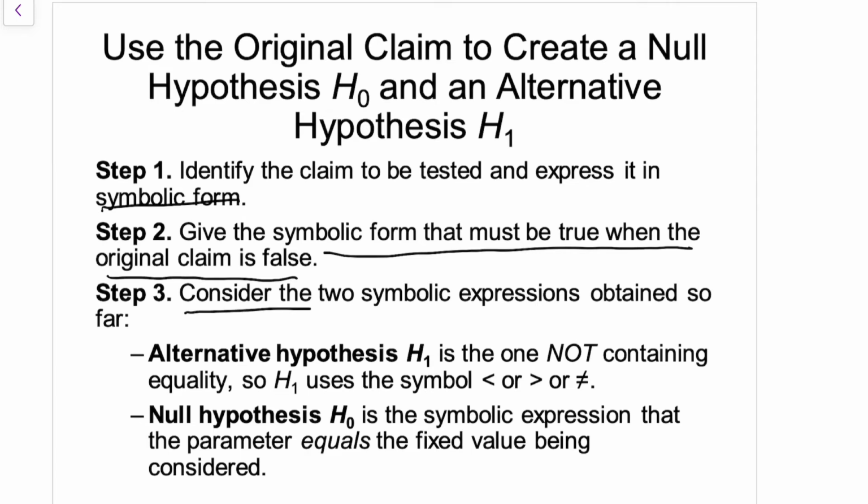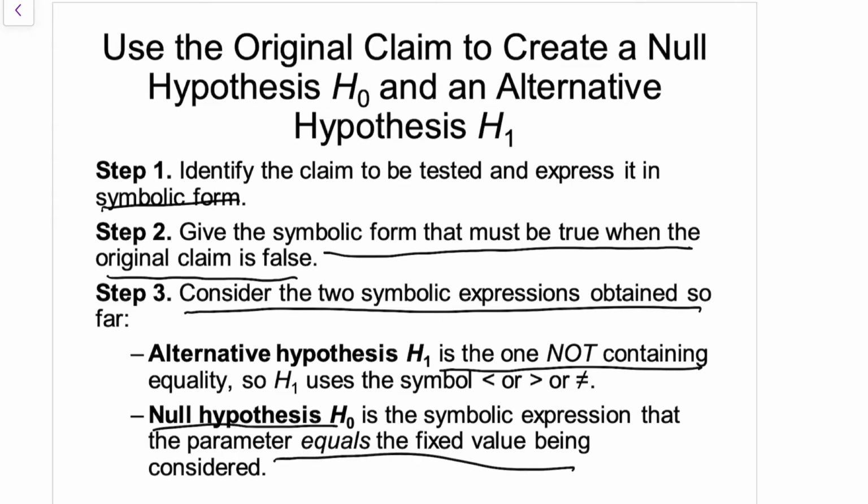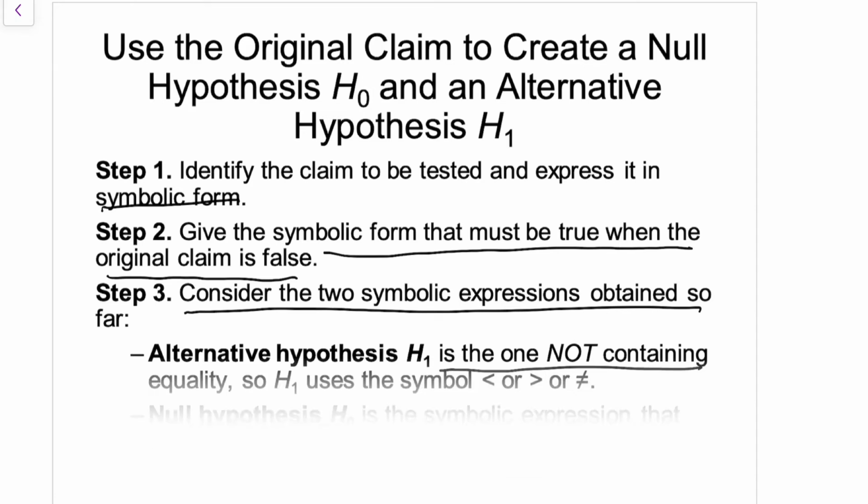Then, we need to consider the two symbolic expressions obtained. The alternative hypothesis is the one that does not contain equality. The null hypothesis is the one that contains equality, where our parameter is equal to the fixed value being considered.